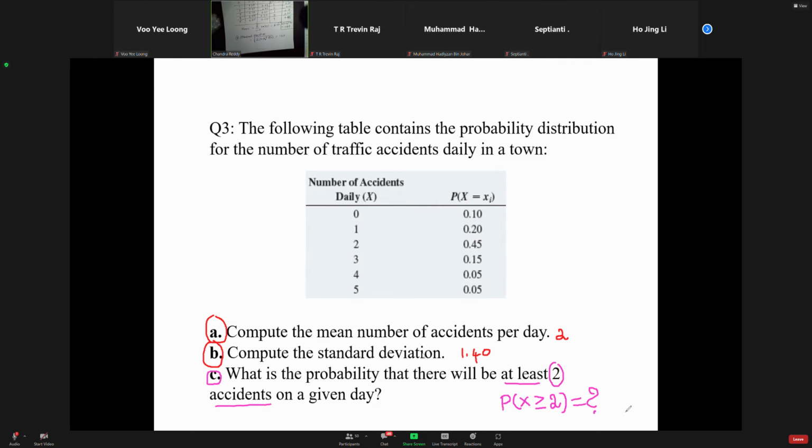Probability of X greater than or equal to 2. Anyone, any idea?